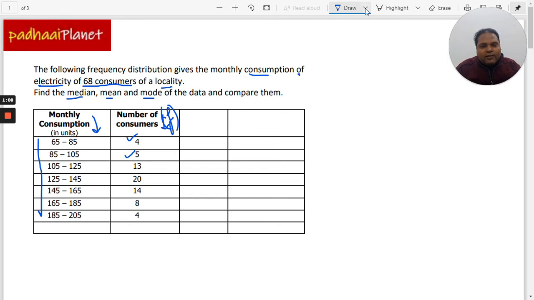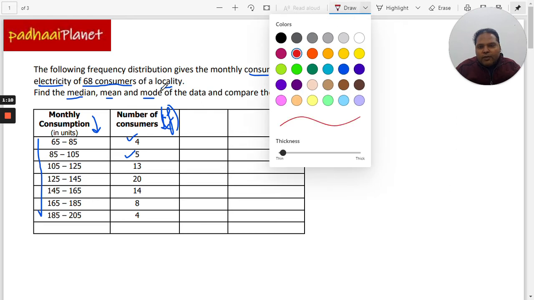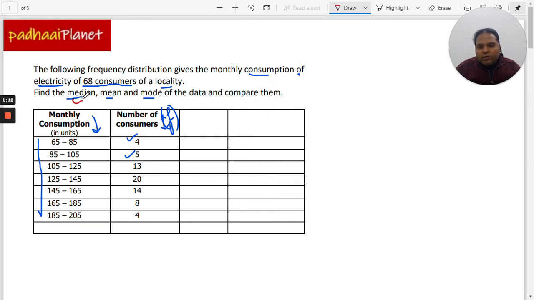Now let's look at the question, and we need to find the median. So let's first write down the formula for the median.